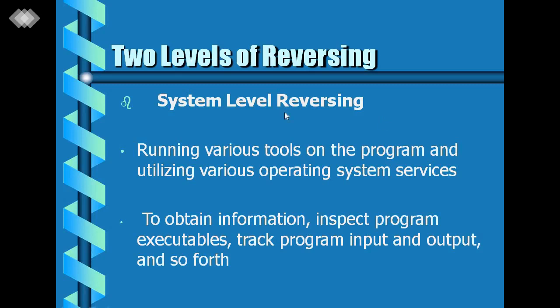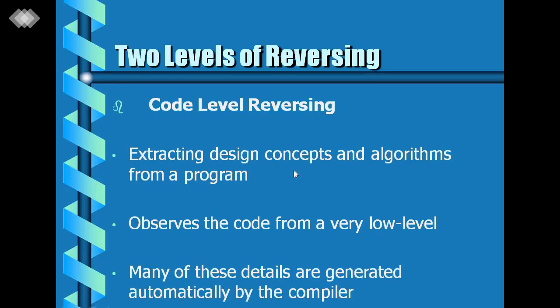So these are system level reversing. Now, code level reversing means extracting design concepts and algorithms from a program. Observe the code from a very low level. Many of these details are generated automatically by the compiler.